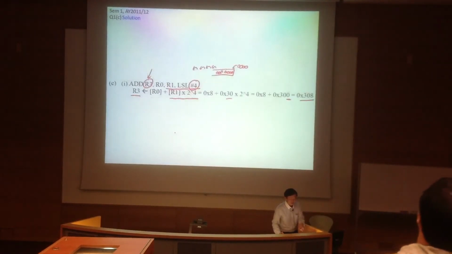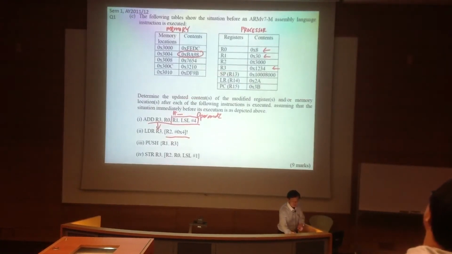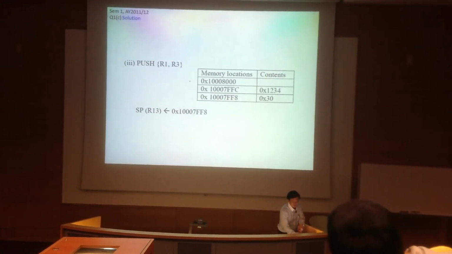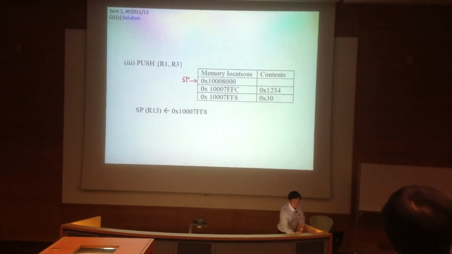R1 and R3, as we know, have 30 and 1234. So they go into the stack, where the initial stack pointer is here. It gets decremented, the first value goes in, gets decremented again, and the second value goes in.